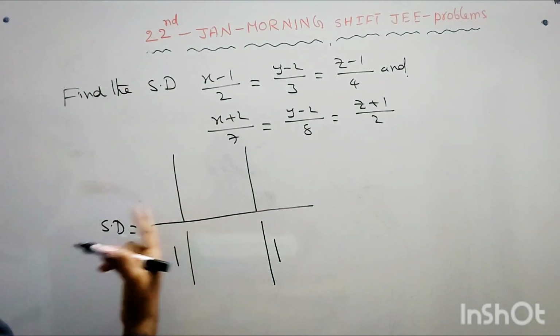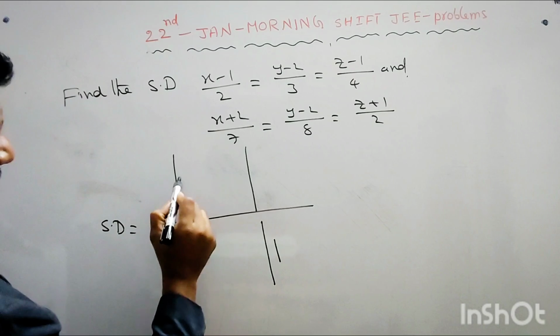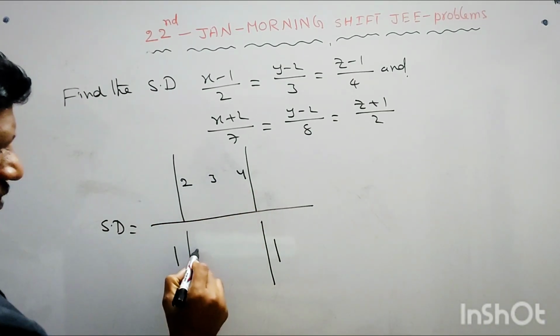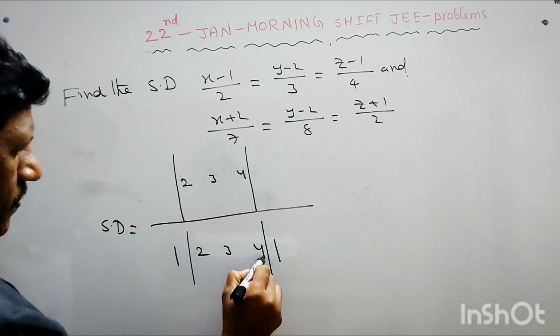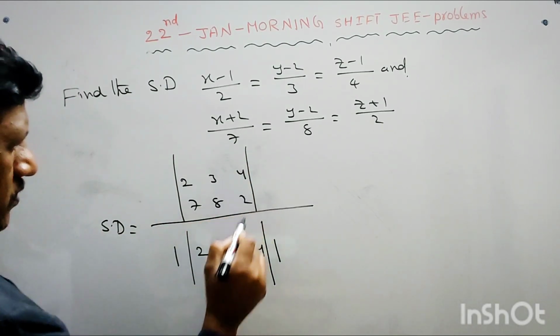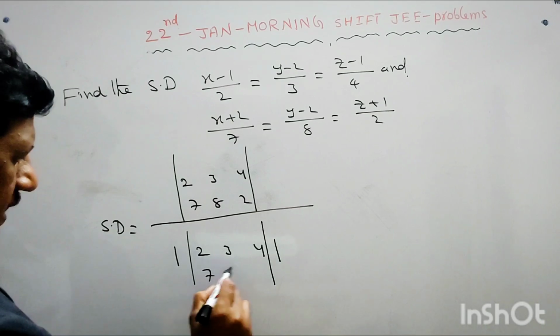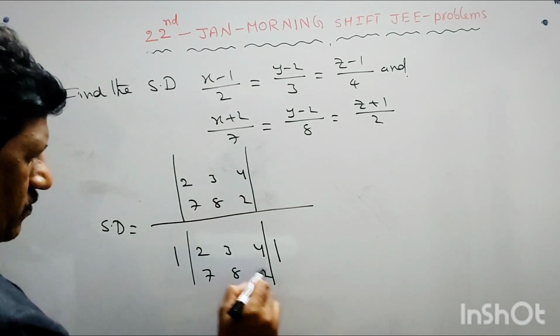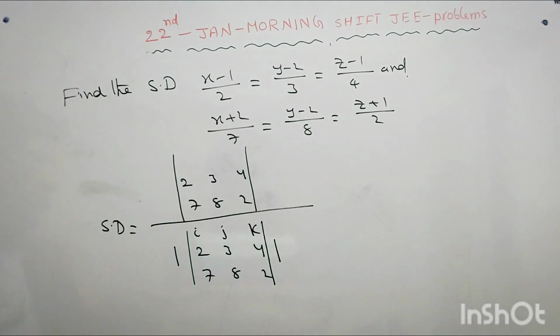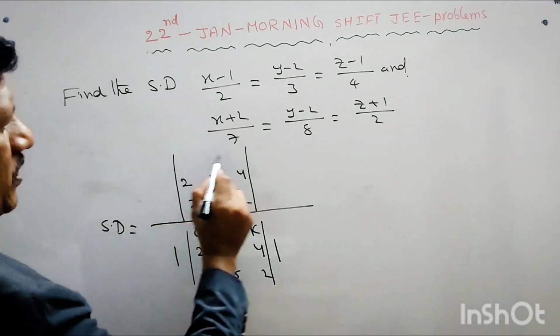Then second row I'm writing, second row 2, 3, 4. Here also second row 2, 3, 4. Third row 7, 8, 2. Here also third row same, 7, 8, 2. Here you should write i, j, k.